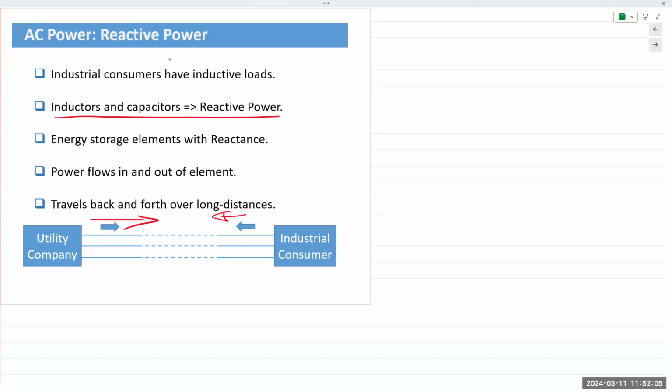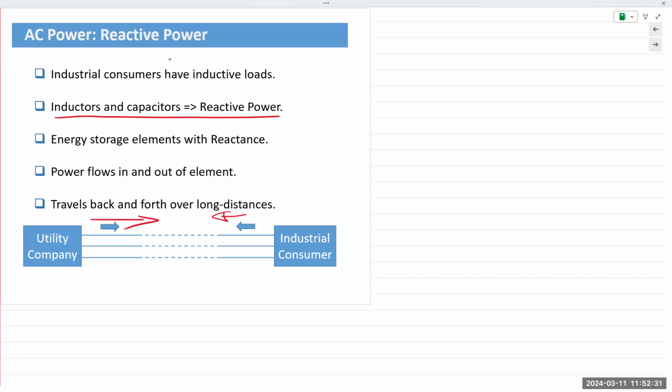So we want to avoid these losses, right? Because the utility company, as well as the industrial customer, would have to set up infrastructure to handle all of that power. Mathematically, we say that this is real power and reactive power. We place a distinction between the two. But in real life, all power is the same. The industrial customer, as well as the utility company, has to count all of that power as the same, right?